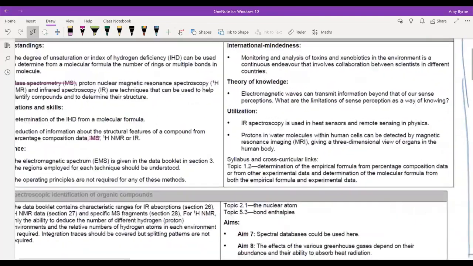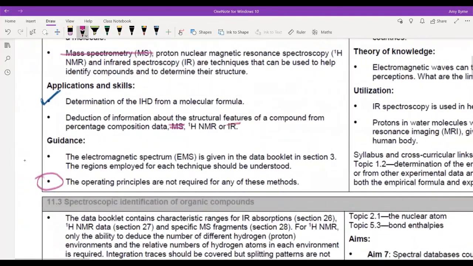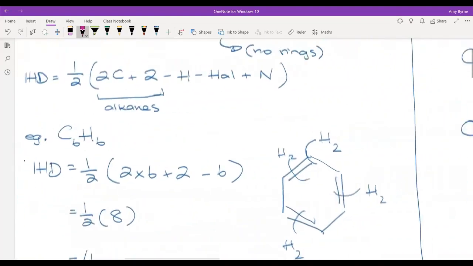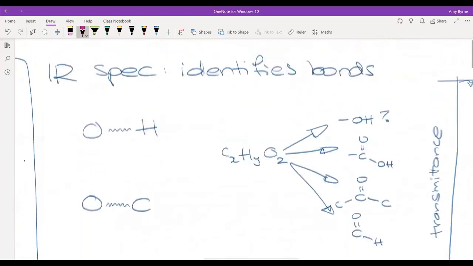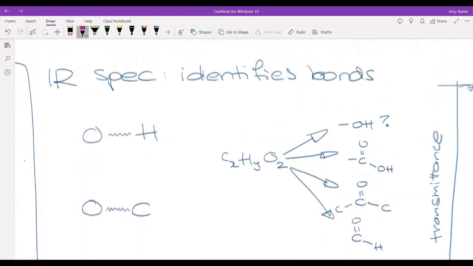So we've talked about IR, and I know I skipped NMR just for the moment. Okay, so sorry, one thing I should have mentioned, because it is something that comes up. IR spectroscopy uses the infrared part of the electromagnetic spectrum.